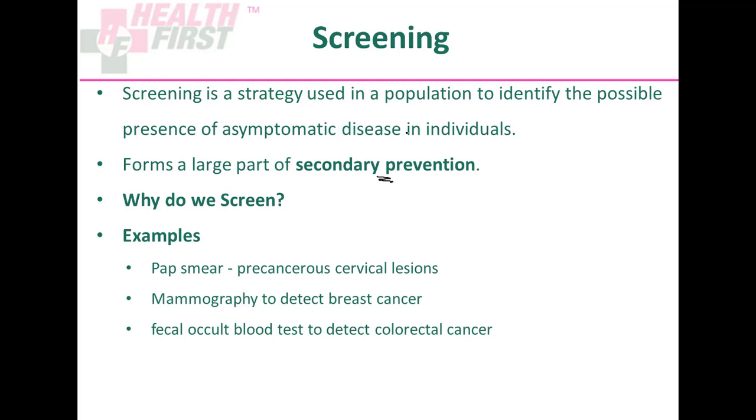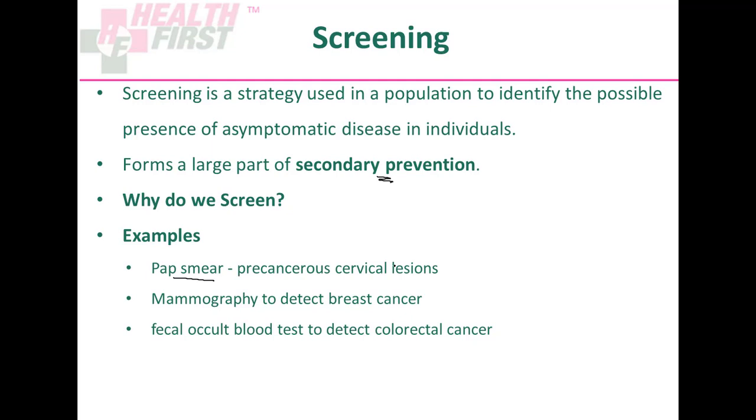So basically, the simple answer is to identify pre-symptomatic cases of a disease at a stage where usually you'd have a better chance of complete recovery and a higher chance of cure.